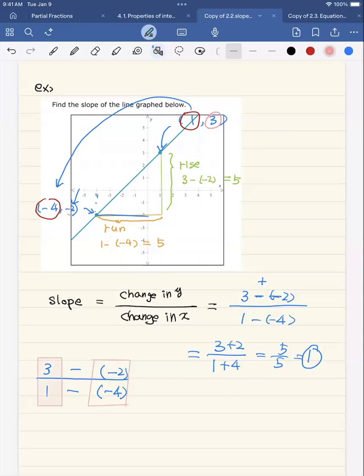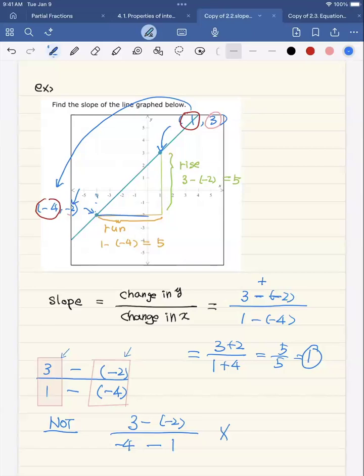So this is the coordinate, and this is another coordinate. That's the way we will organize the fraction. What is not right is you write 3 minus -3 and then exchange, so you just write -4 minus 1, then that'll be wrong.